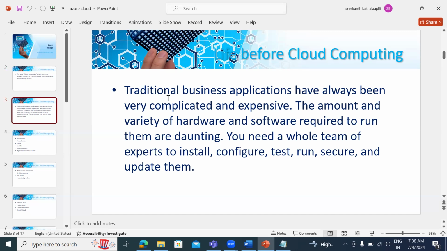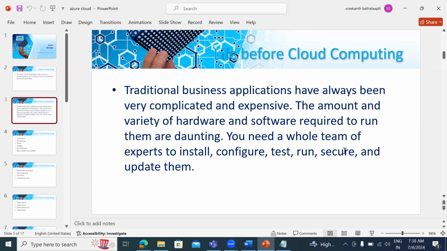The initial capital amount, the upfront amount we need to invest, and the operation expenses are both very high with traditional business applications. That is the reason most companies are now looking at the cloud. The hardware and software we required are also very expensive, and we need a lot of admins to maintain, configure, test, run, secure, and update them.